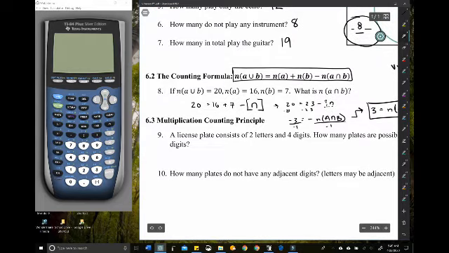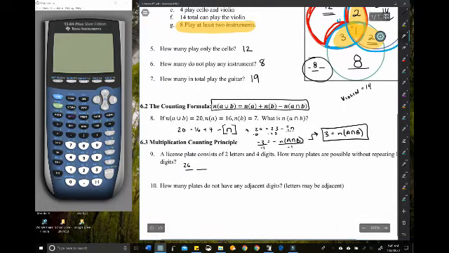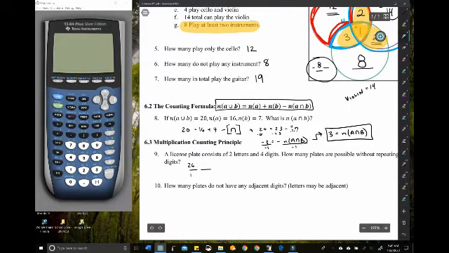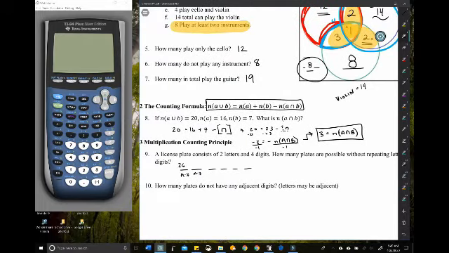And the multiplication counting principle, that's the last part of this first piece of the review. License plate, 2 letters. So 2 letters, there's 26 options for each of those. We'll say without repeating letters. So I just know these are letters. So A through Z, A through Z. And then 4 digits. 1, 2, 3, 4. Okay, how many plates are possible without repeating letters? So first letter, second letter, I can't use the same one, so there's 25. Remember, we're multiplying.